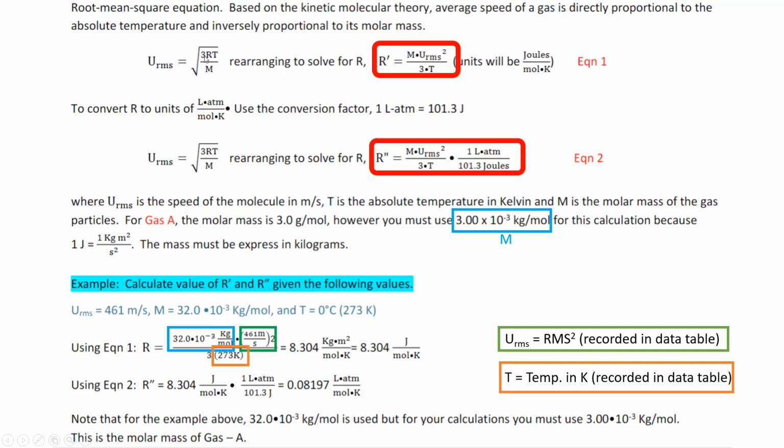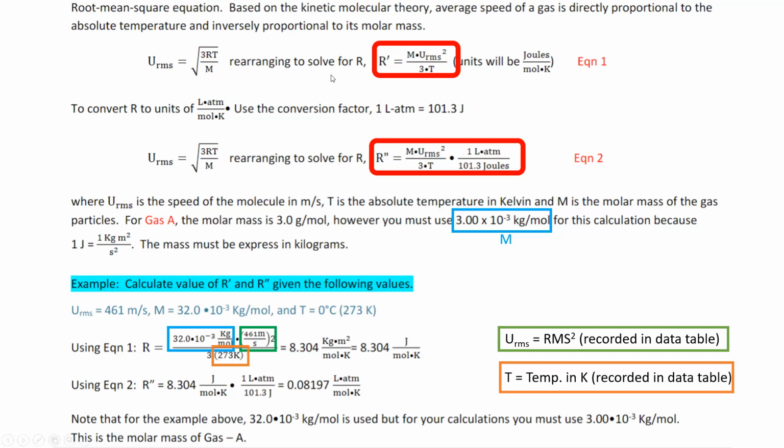Of course, there are other factors here, like the square root, 3 times R times T, but just looking at the variables, because they're both in the numerator, it's directly proportional to the absolute temperature, and then inversely proportional to the molar mass of the gas.